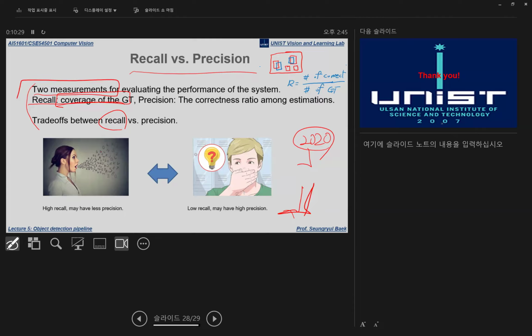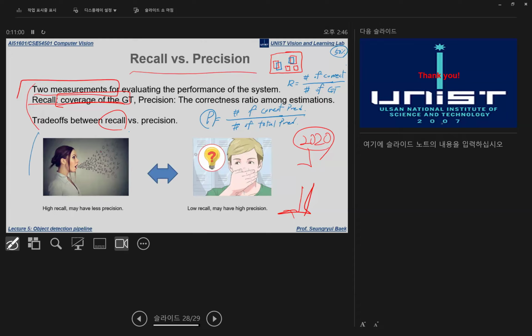So now the recall becomes 50%. That's the concept of recall. And the precision becomes like this: the number of correct predictions over the number of total predictions. That's the precision. So this is the difference between recall and precision.